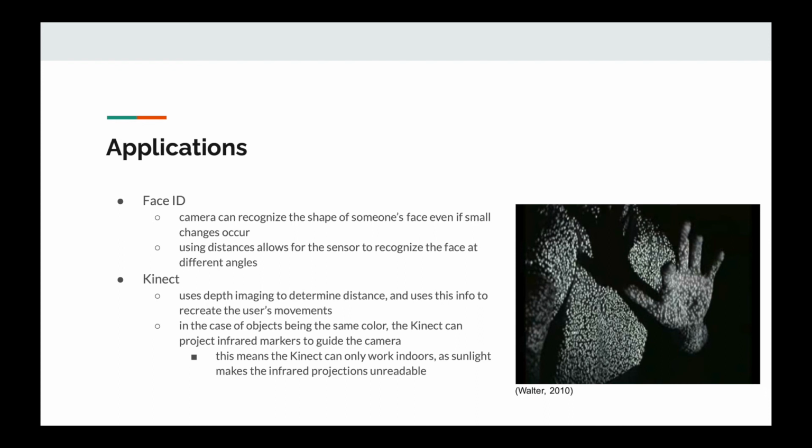And so these dots are projected, creating this unique infrared pattern, which we can't see with our own eyes. And after these dots are projected, they are then read by a sensor, and that sensor takes that data and triangulates it to figure out how far away the object is.